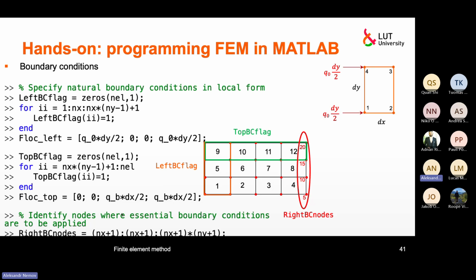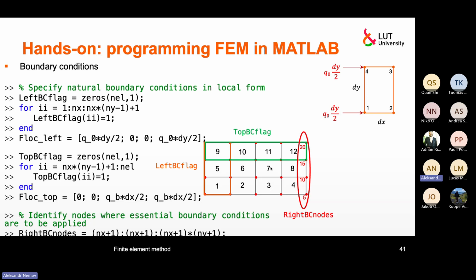Therefore it comes into positions 3 and 4 in this local vector of heat flux coming from a certain element and from this top boundary condition. I'm not sure it's the most elegant way to do this, but I think it's not very sophisticated, at least, and easy to understand how it works.